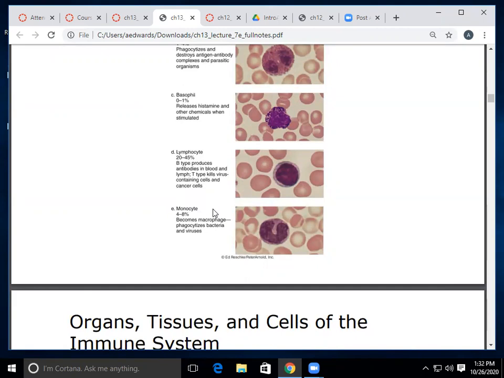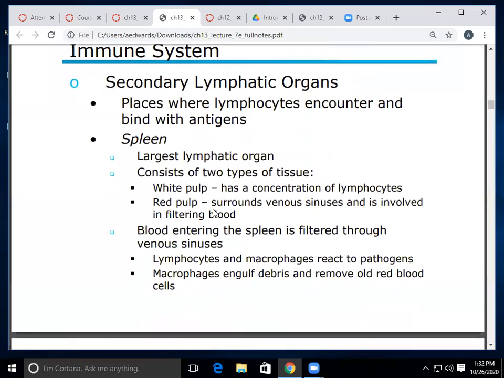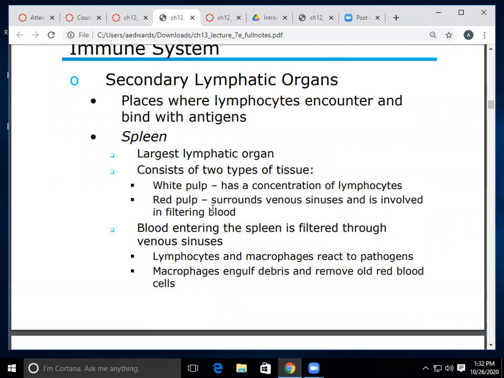Monocytes, 4 to 8%, become macrophages, which destroy viruses and bacteria. All right, so those are the primary lymphatic organs.